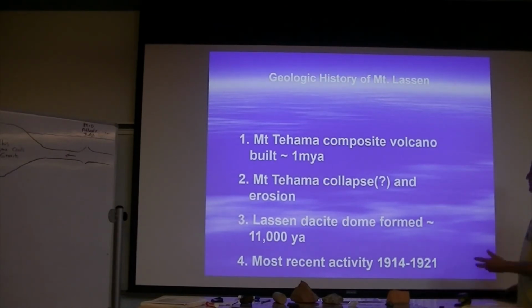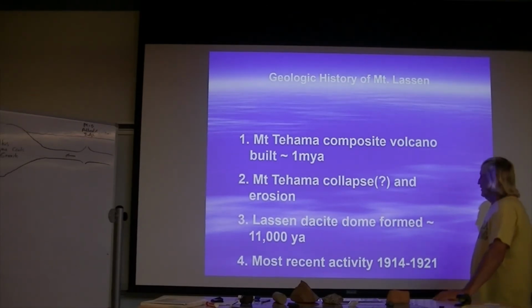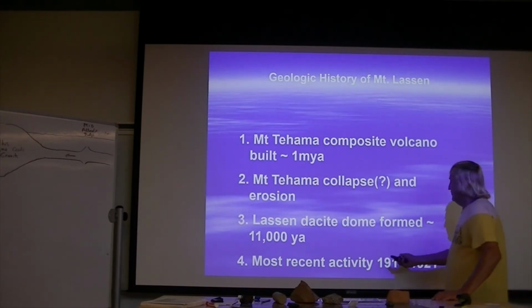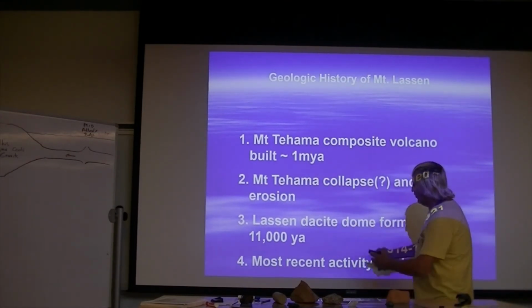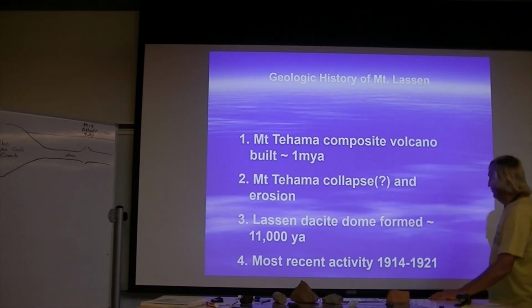So Mount Lassen formed as a composite volcano built about 1 million years ago. And then it collapsed, they don't know exactly when. And then dacite formed, very mafic, iron-rich rocks formed about 11,000 years ago.